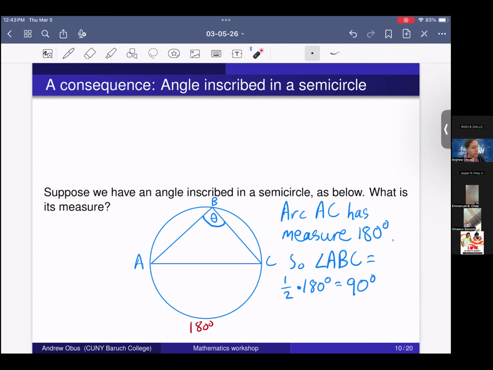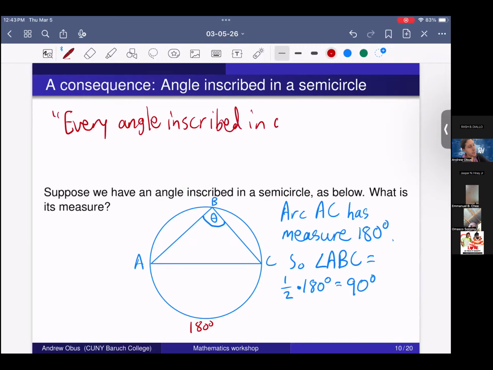Well, that's 90 degrees. Well, that's pretty cool, right? That's a right angle. So our consequence here is that every angle inscribed in a semicircle is a right angle.